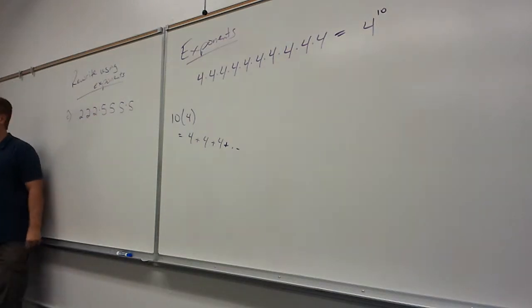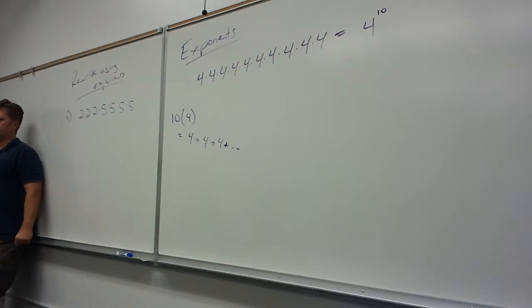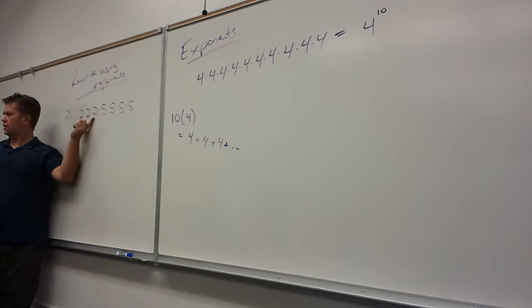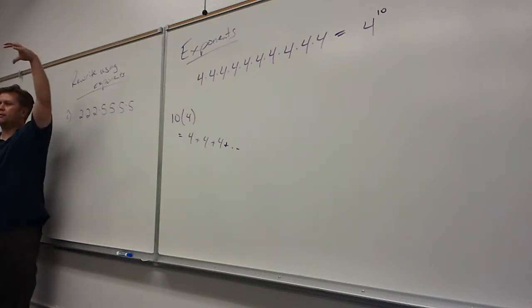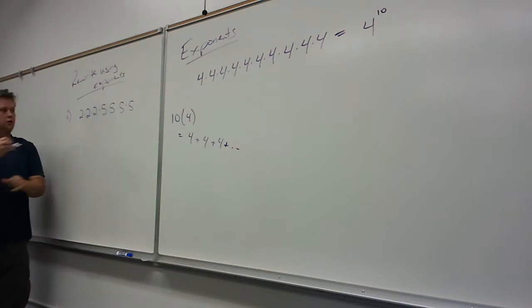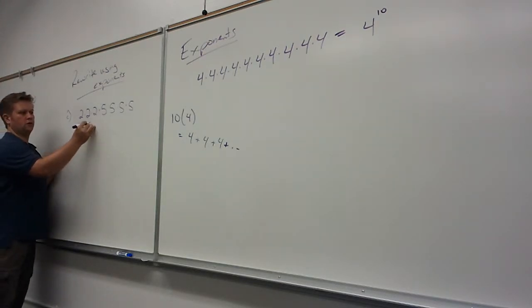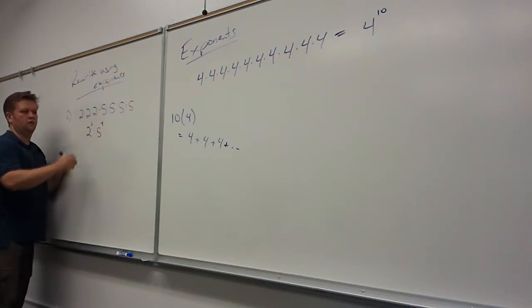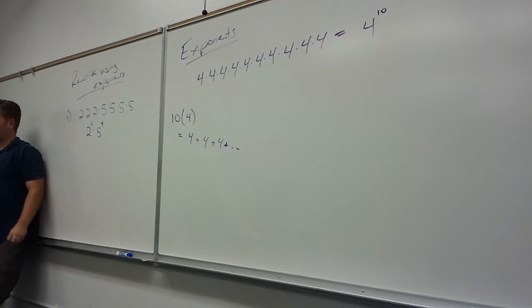How do I rewrite that using exponents? 2 to the third power, and then 5 to the fourth power. I love it. So you say how many 2s you've got? 3, and they're multiplying, so it's got to be a power, not a coefficient. So I've got 3 2s times 4 5s. I love it.